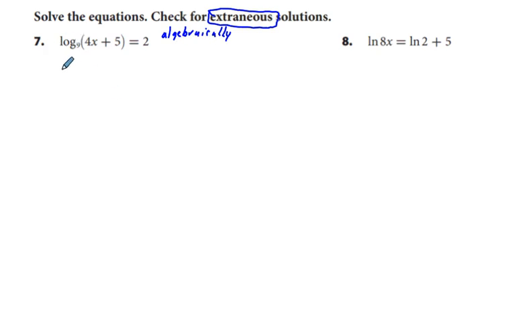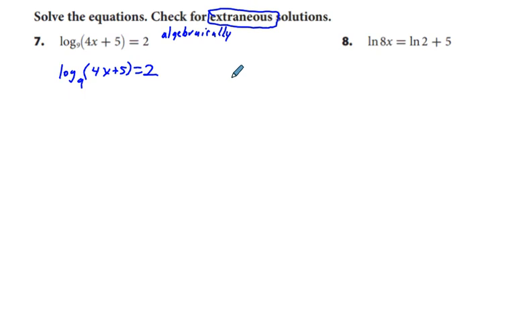So right now for number 7, we have log base 9 of 4x plus 5 is equal to 2. Now we're going to use a property of logarithms here, and that is this one.